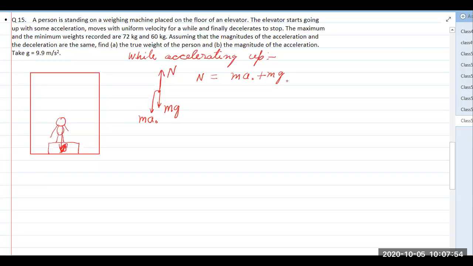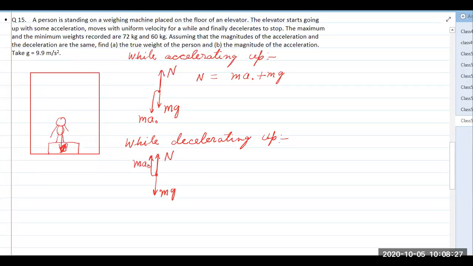So this is while going up, and second we can write while accelerating downward, or while decelerating upward. Decelerating up is equivalent to accelerating down. So the pseudo force direction will change. Normal is up, mg is down, and pseudo force is acting up.